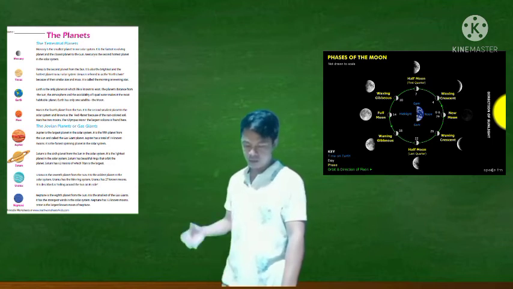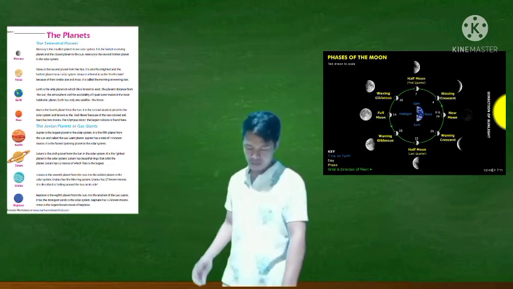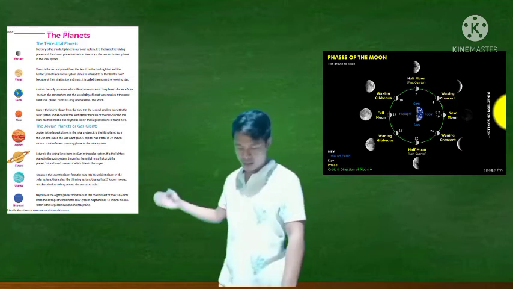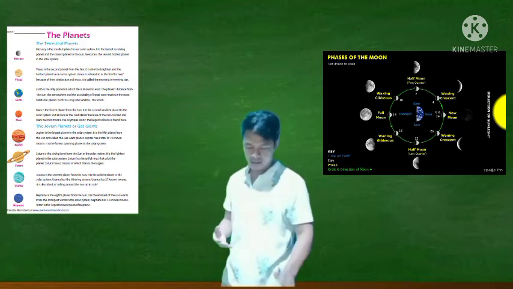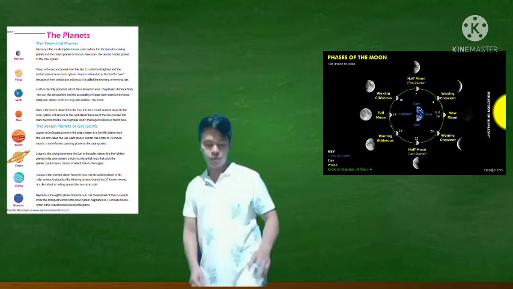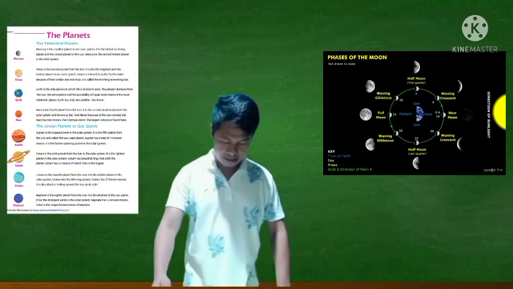And the seventh one, we have Uranus, the coldest planet in the solar system. And the last one, we have Neptune, which is the eighth planet in the solar system and also known as the smallest among the giant planets.